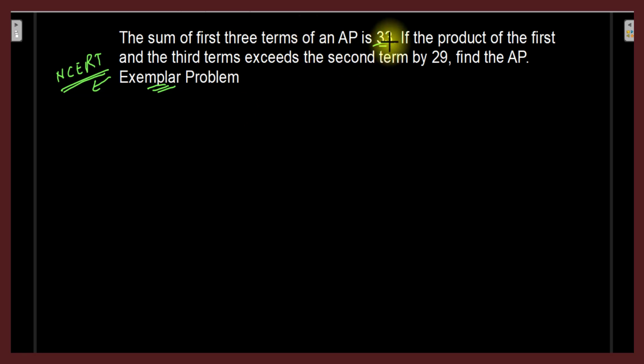So here the sum of the first three terms of an AP is 33. First we will assume the first three terms. Let the first three terms be A minus D, the second term A, and the third term A plus D. Friends, remember that you should always assume the three terms of an AP in this way only: A minus D, A and A plus D. If you assume it as A, A plus D and then A plus 2D, there will be complications in solving the question.